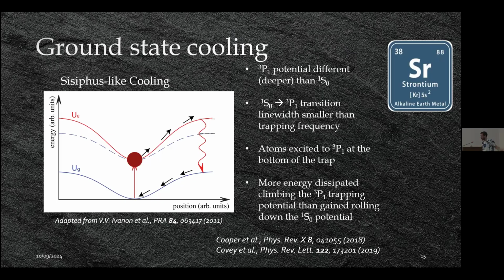It will get excited to another state that, thanks to the specific detuning, will have a deeper potential. In such a way, with the oscillation, when it eventually emits its photon, it will get colder.